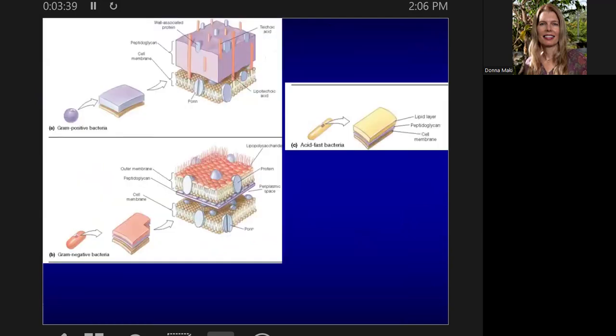Here's another image. Again, you see the big purple stretch there in the top image. That's your peptidoglycan in the gram-positive. And then a very thin purple stretch in the gram-negative. And then you did do the acid-fast stain that has a lot of that glycolic acid lipid in the cell wall. We're not really going to get into the acid-fast cell type in this class.